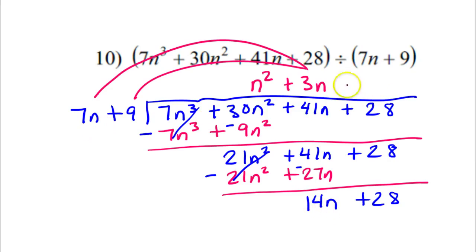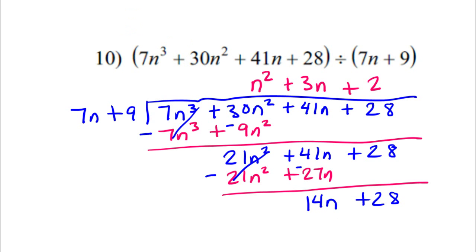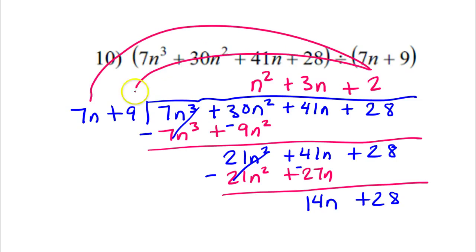Well, 7 times 2 is 14. So 7n times 2 will be 14n. And then, once again, I will take my 2 and I will do the distributive property with it. Alright, of course 2 times 7n is the 14n that we wanted, but 2 times 9 is 18.